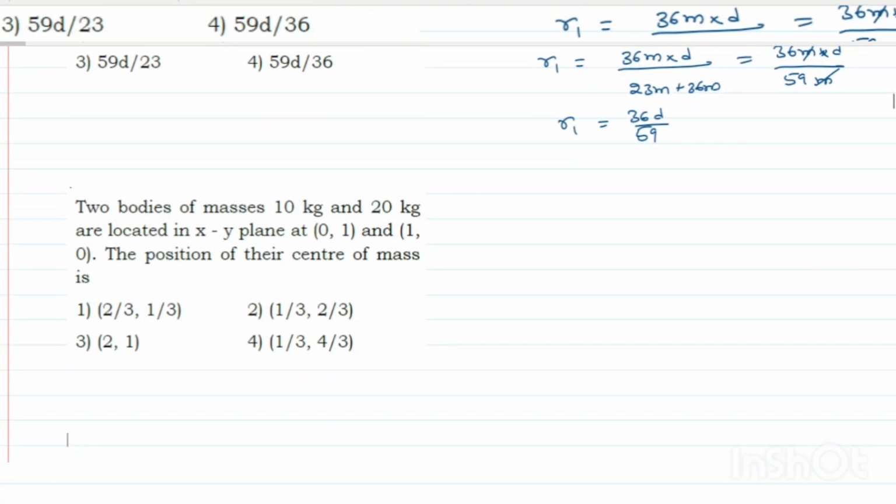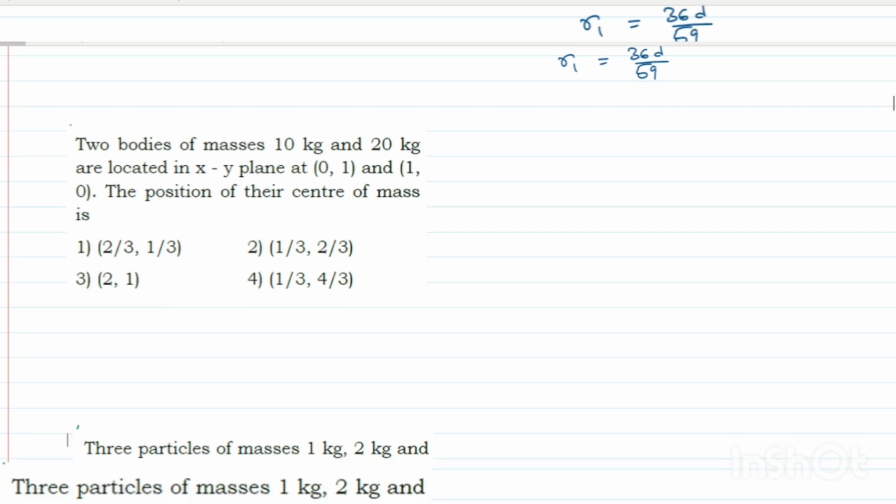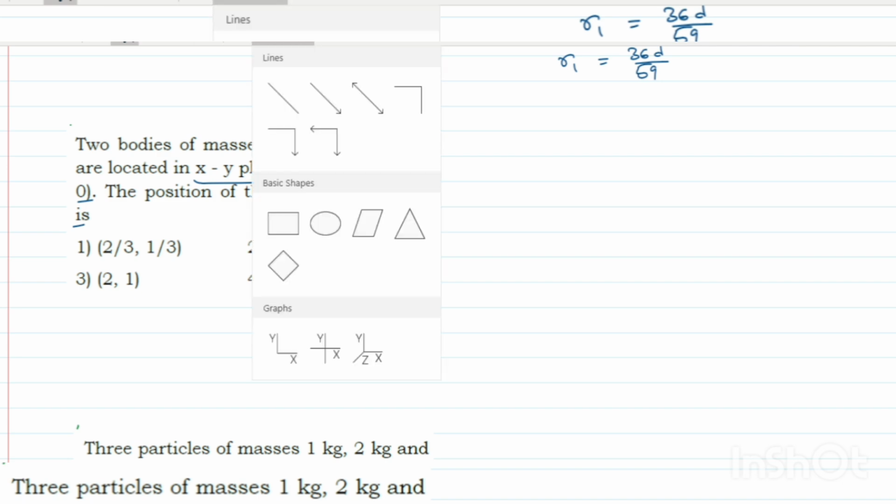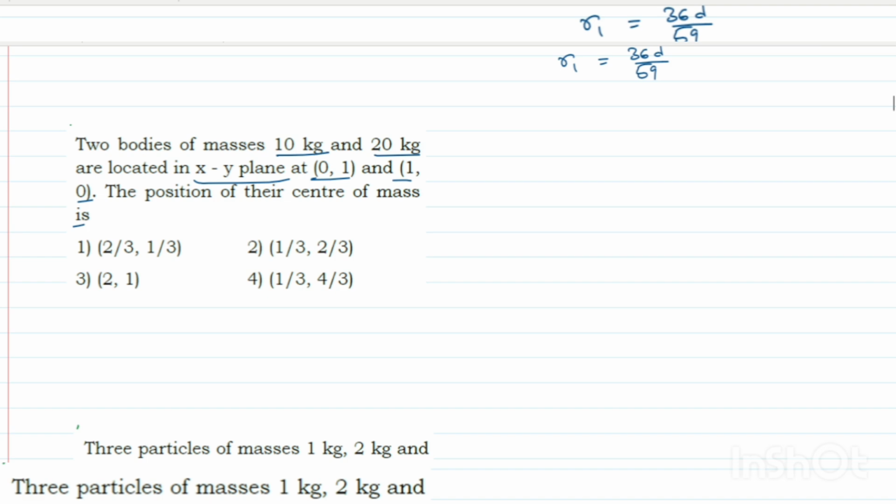Let us see the next question. The next question says, two bodies of masses 10 kg and 20 kg are located in the xy plane at 0, 1 and 1, 0. They are asking for the position of the center of mass. So this is an xy plane.